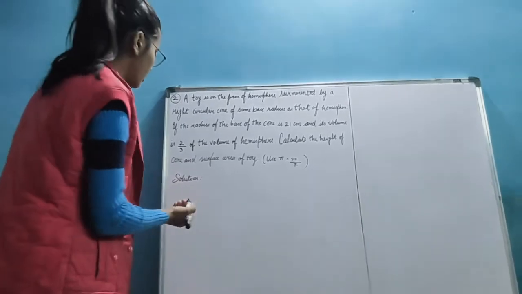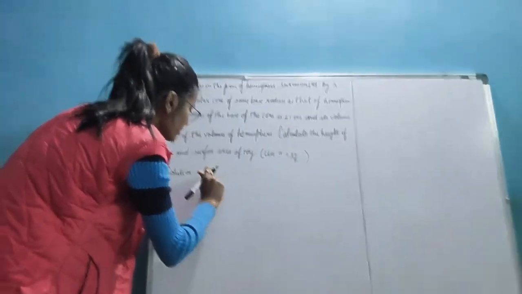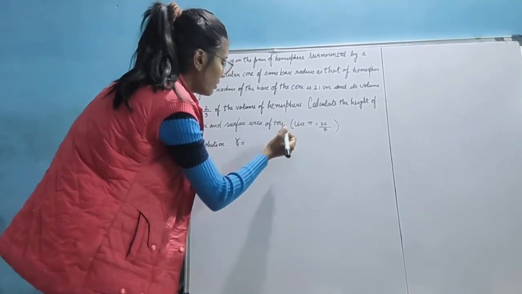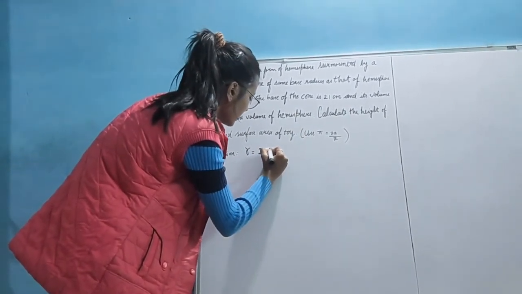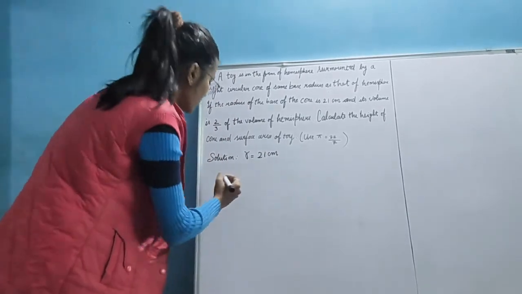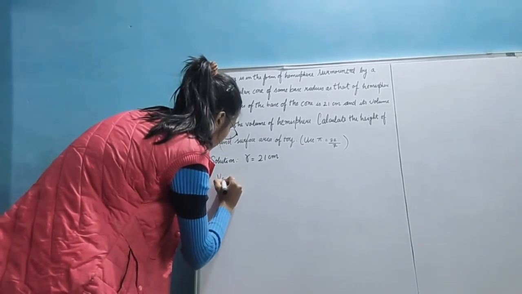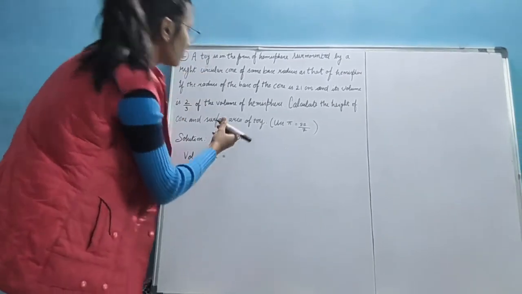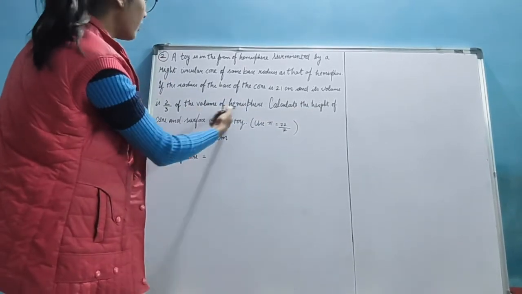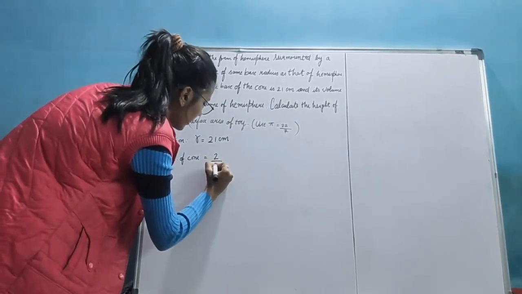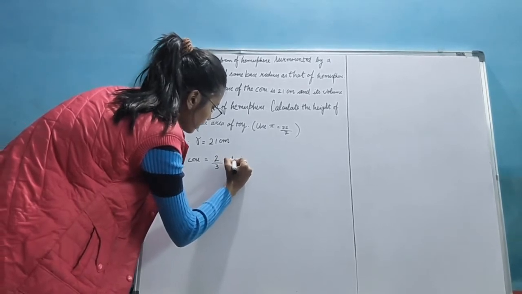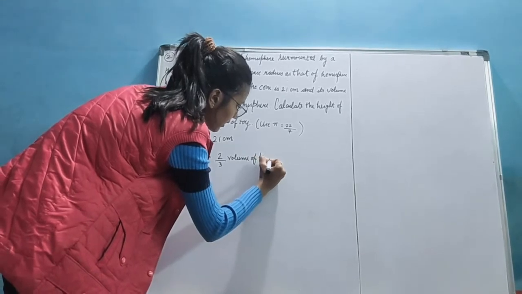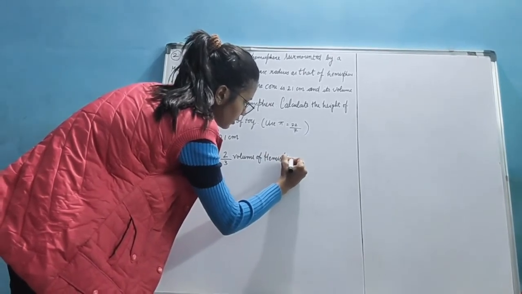So let's start it. Given is only a single thing, which is the radius, that is common for both cone and hemisphere, which is 21 centimeter. And by using the relationship, volume of cone is equal to 2/3 volume of hemisphere.